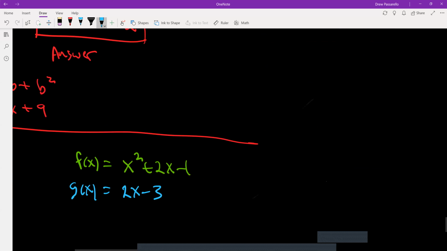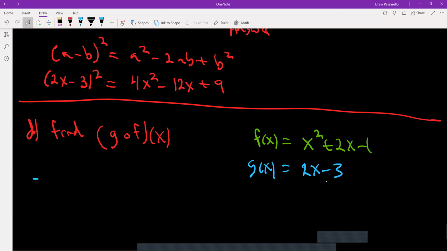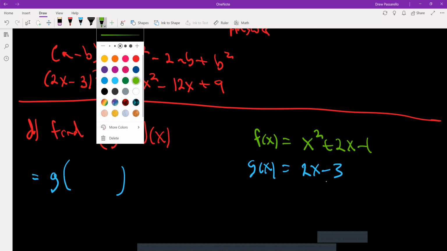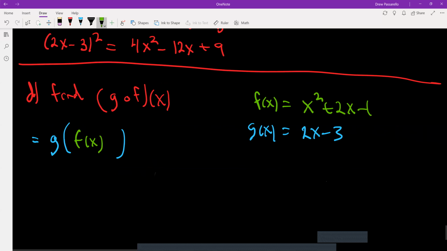All right, so similar process, it's just going in the reverse order. So this is going to equal, and I'm going to apply f first this time, so we have g parentheses and then f of x. I substitute what f of x is. It's x squared plus 2x minus 1.